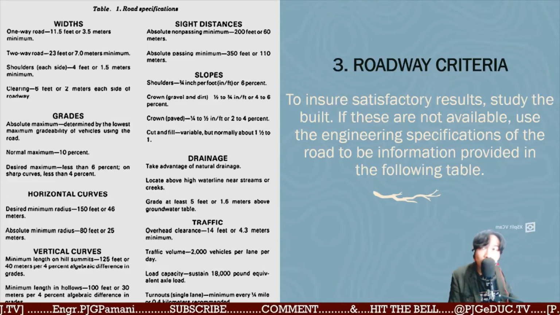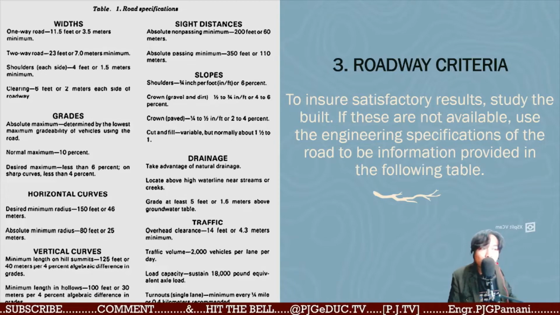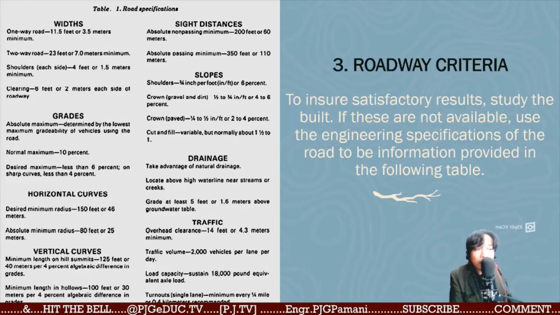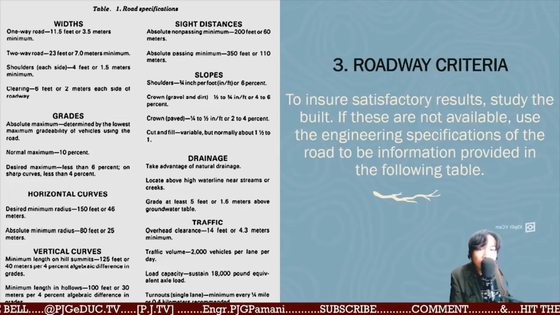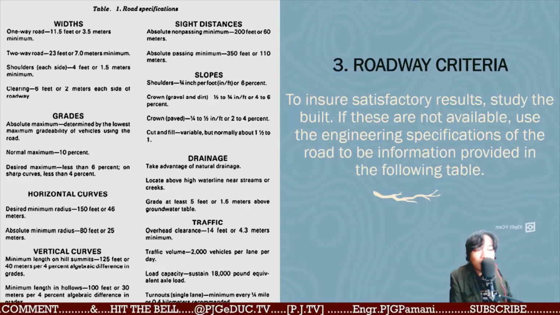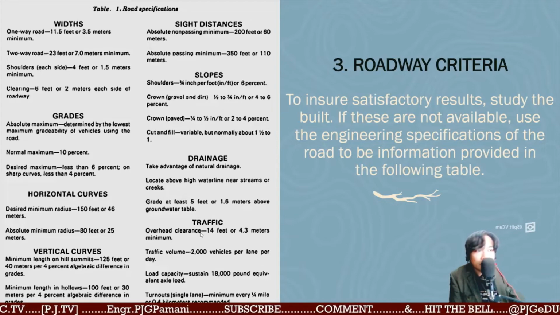So if we have two lanes, both of them should have an equivalent vehicle volume of 2,000 vehicles per lane per day. 2,000 on the left and 2,000 on the right lane of the roadway, back and forth. Then turnouts, minimum every 1/4 mile or 0.4 kilometer recommended. Then vertical curves, horizontal curves, and so forth and so on.